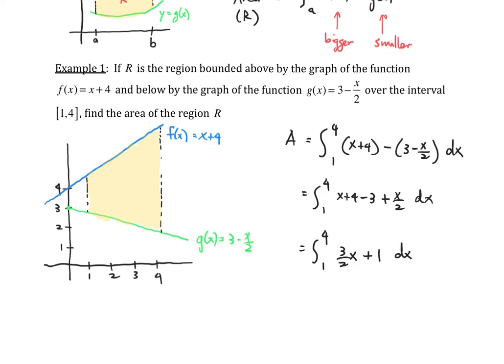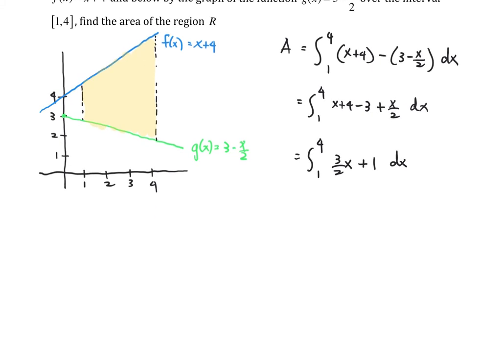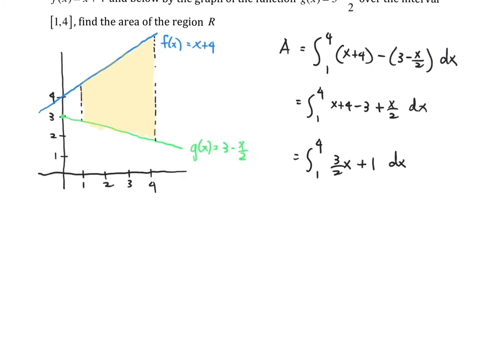And then I am going to find the antiderivative. To find the antiderivative of that first term, I could use the constant multiple rule. So the 3 halves is going to stay there. I'm going to add 1 to the exponent, which gives me x squared, and divide by what I just wrote, so I divide by 2 like this.